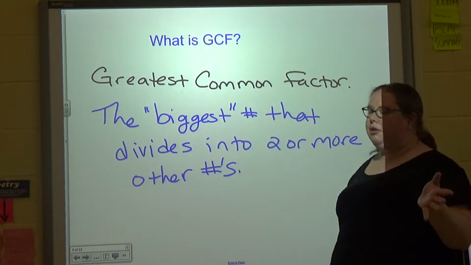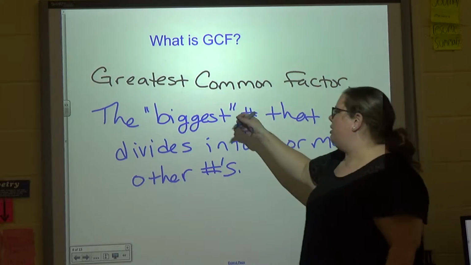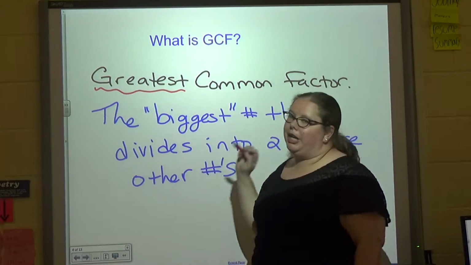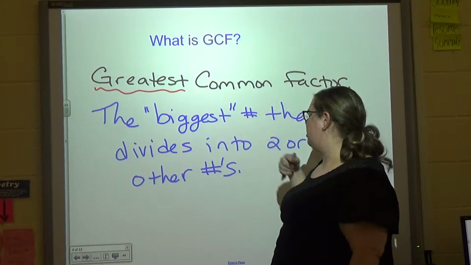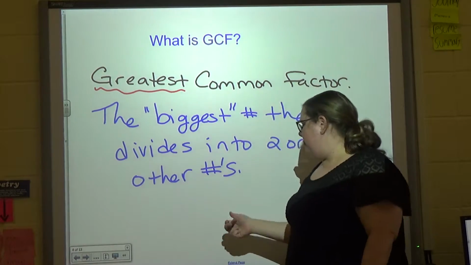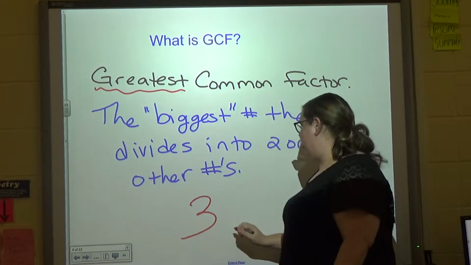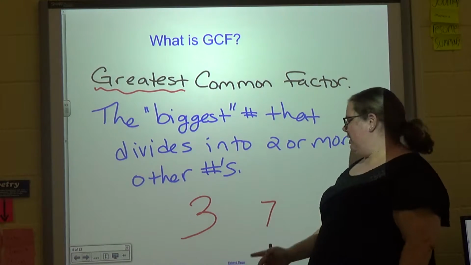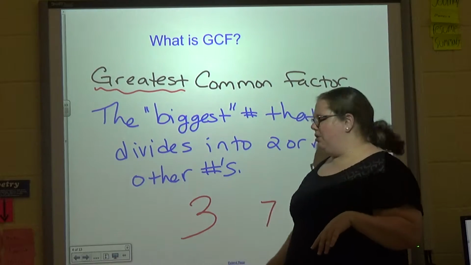So we're going to be dealing with variables as well. And again, it's not really biggest, it's supposed to be greatest. We really should be using the term greatest, but just to make our lives a little easier, we tend to use the word biggest. Big means physically, like 3 is bigger than 7 because it's physically bigger. 7 is greater than 3. So that's kind of the idea behind those two words.